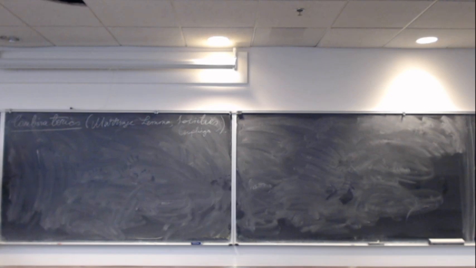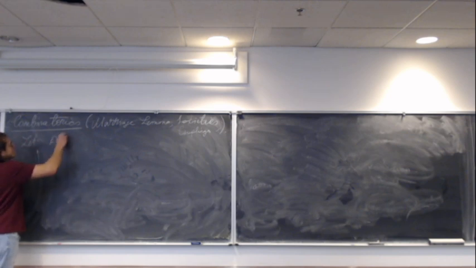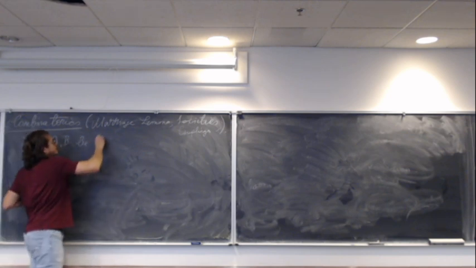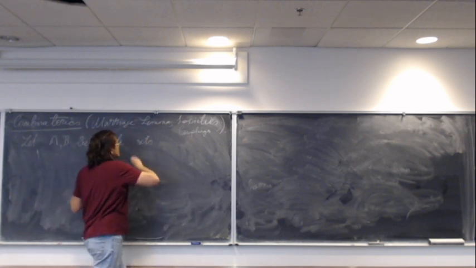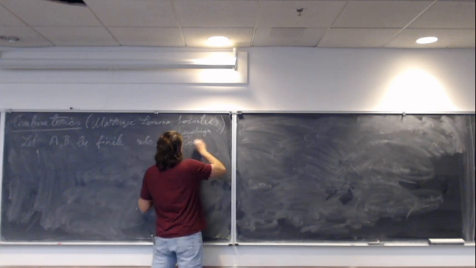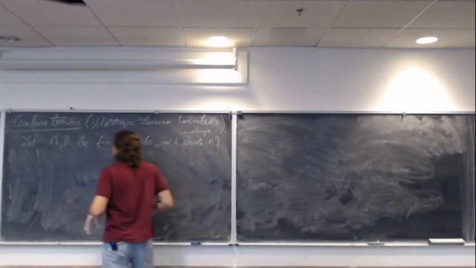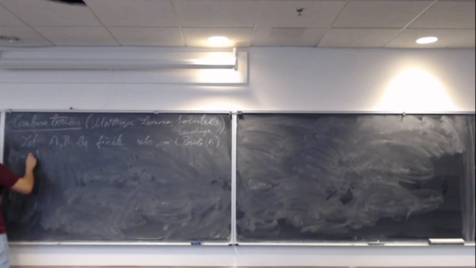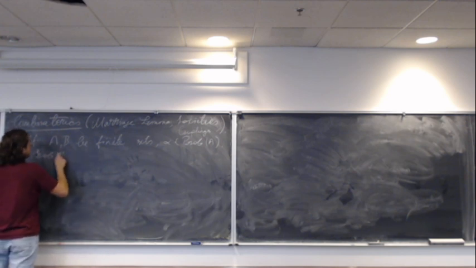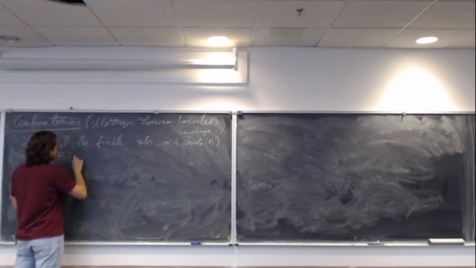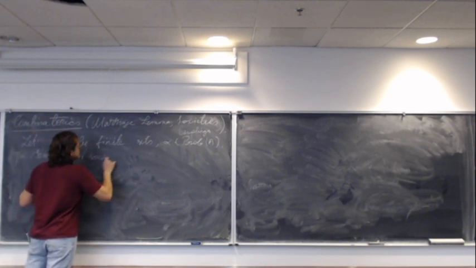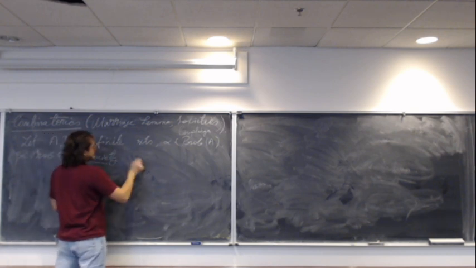So I'm going to start with two finite sets. Let's just set aside what we've discussed so far. Let A and B be finite sets, alpha a probability measure on A, beta a probability measure on B. I'm going to call a map a society, and I'm going to denote it like this.